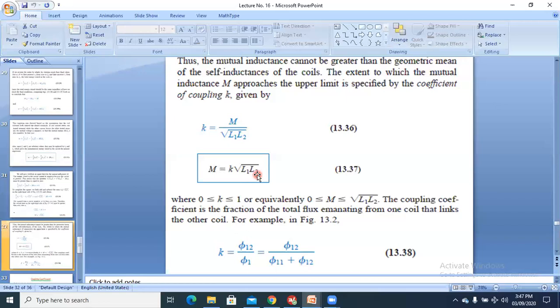We can also find the value of K from the flux linked from coil 1 to 2 and the total flux of coil 1. This ratio also defines the coupling coefficient.